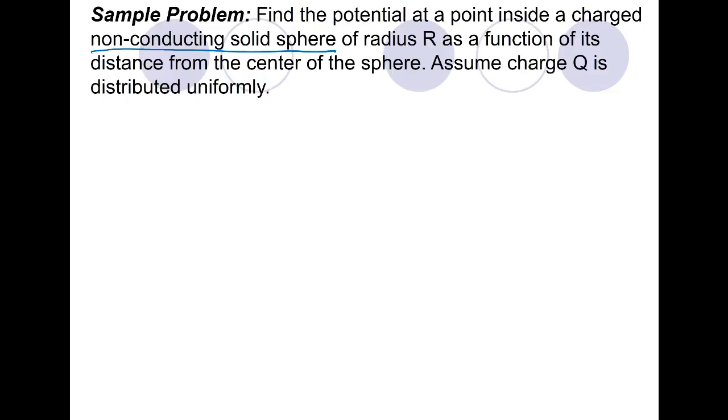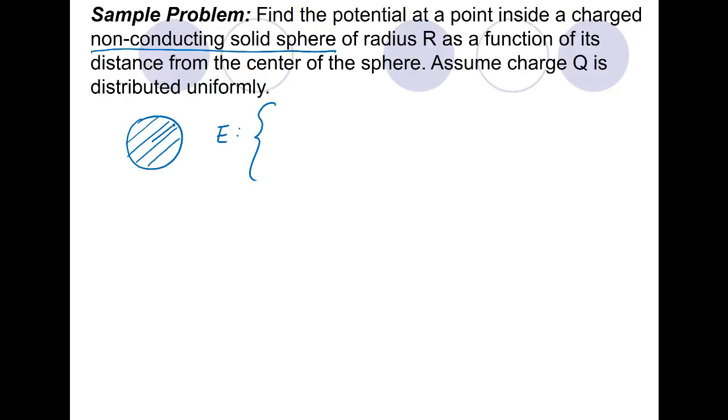Assume that the charge is distributed uniformly. Okay, so first things first, here's our picture. Now this is solid and it's an insulator, which means that there is an electric field inside, and we've solved this problem before. So we're just going to write down what the field is.